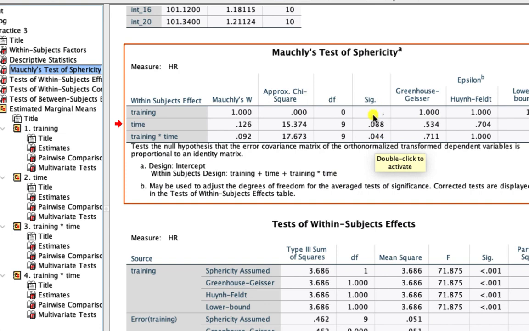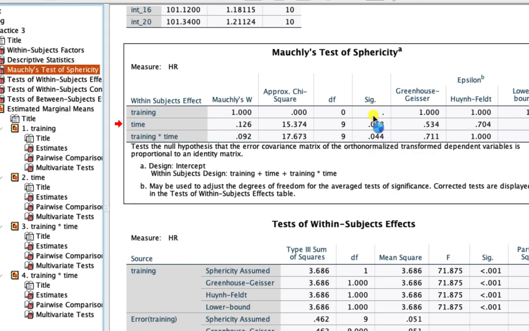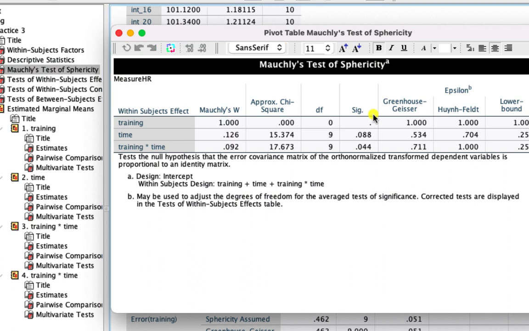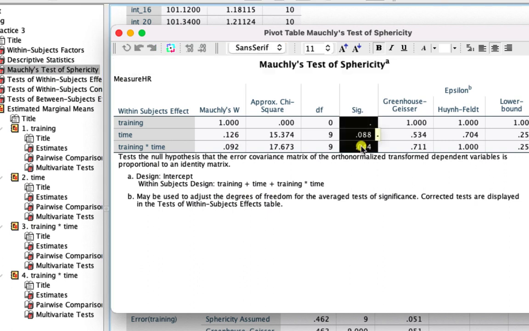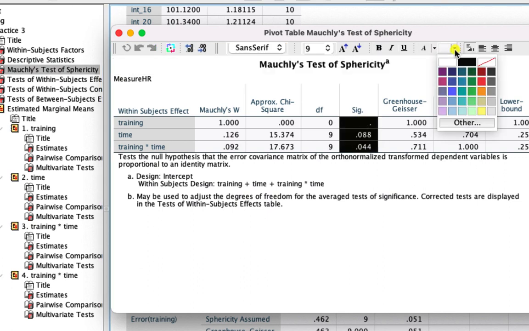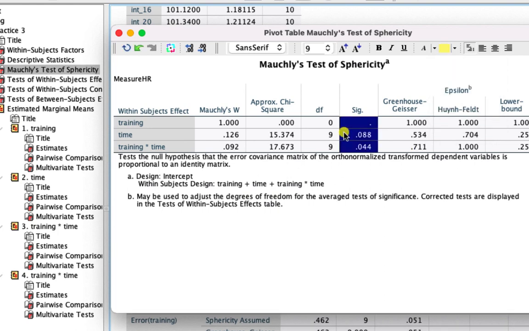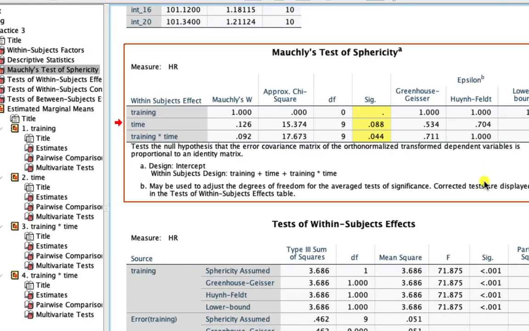Similar to the example that I gave you guys in class or in the lecture video, the p-value for training is going to be non-existent in the sphericity table because training only has 2 levels. So when you have a 2-level independent variable, you end up getting a Mauchly statistic of 1, which indicates perfect sphericity.